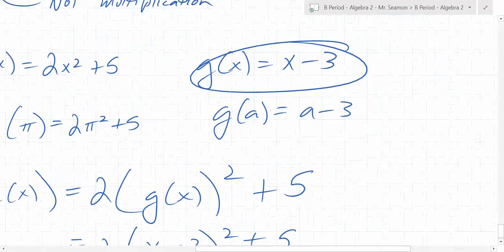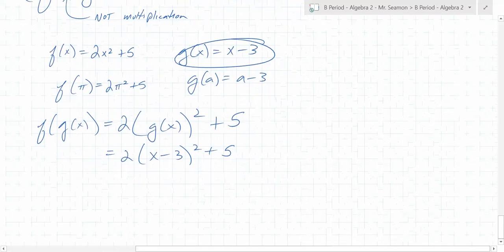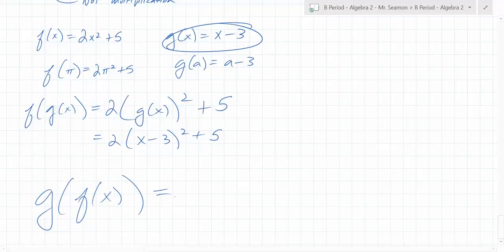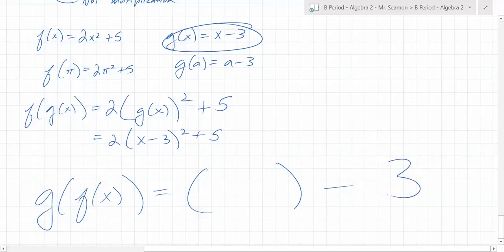What happens if I asked you this? Let's say I asked you instead, what about g of f of x? What am I plugging into what there? I'm plugging f of x into g of x, which is x minus 3. But instead of x, what am I going to write?